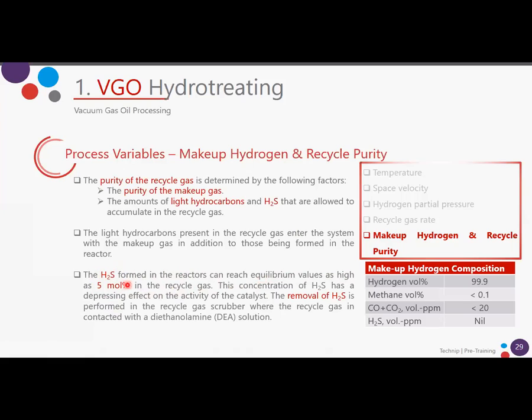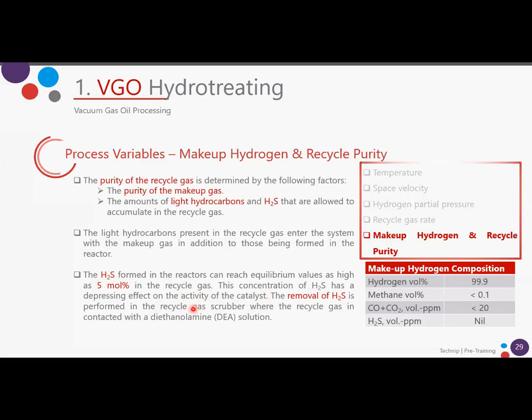So we can have, of course, H2S in the recycled gas. This concentration of H2S has a depressing effect on the activity of the catalyst, okay? Because if you recycle hydrogen with a high concentration of H2S, it will decrease the activity of the catalyst. That's why the removal of this H2S is important, okay?